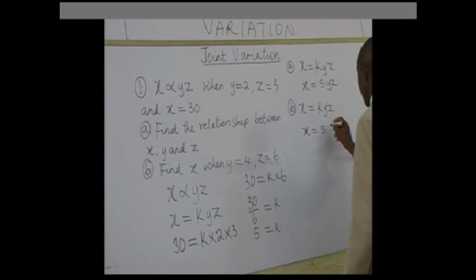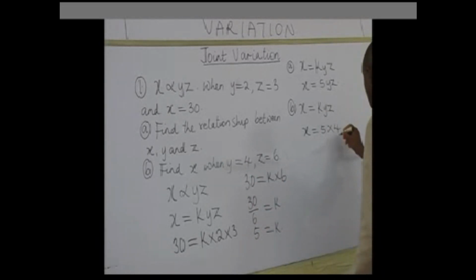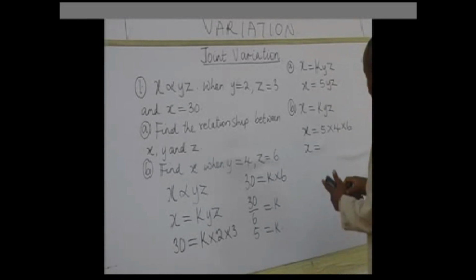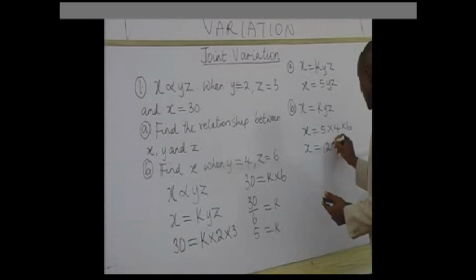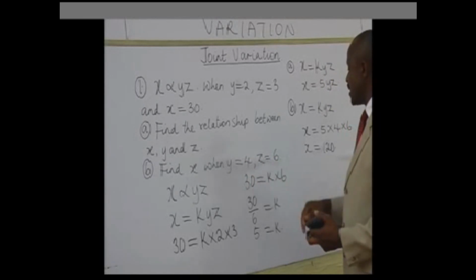So put 5 for k times, they say that y is 4 and z is 6. So when you multiply out, whatever you have is the value of x. So let's multiply out: 5 times 4 times 6 is giving us 120. And 120 becomes the value of x when y is 4 and z is 6.